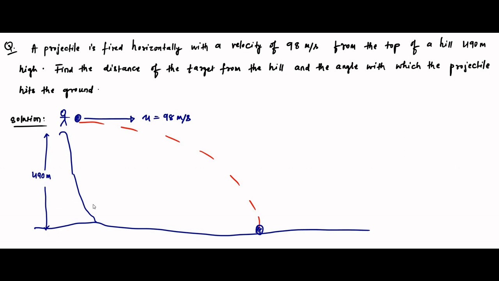So it has been asked to find the distance of the projectile from the point of impact to the base of the hill. So basically it is asking us to calculate the horizontal range, this horizontal range.